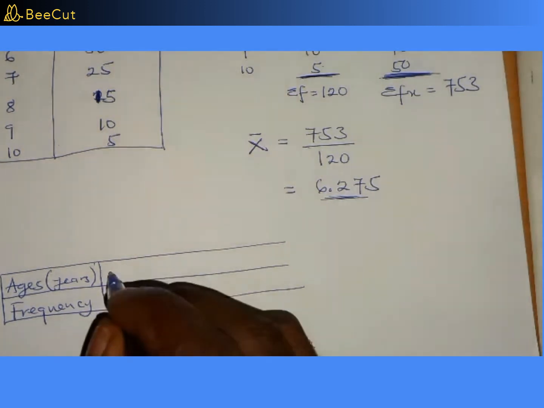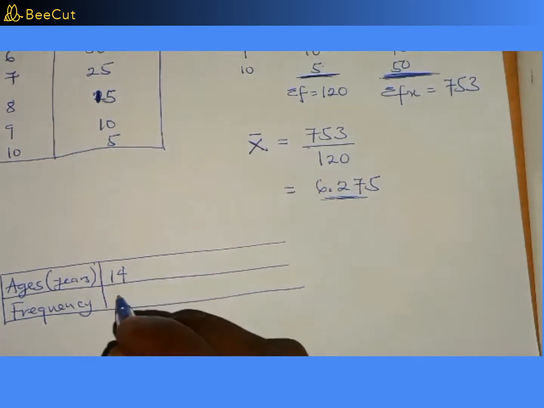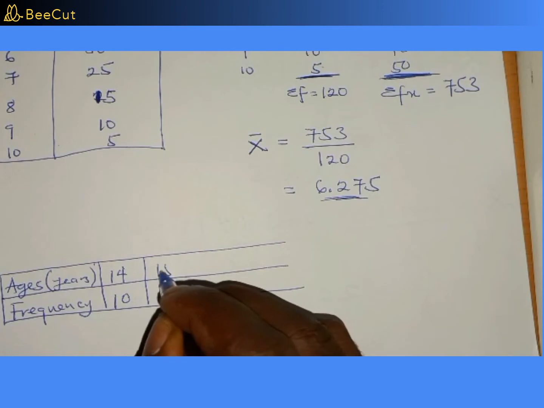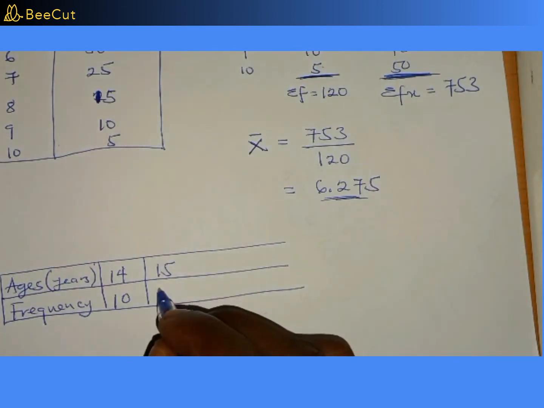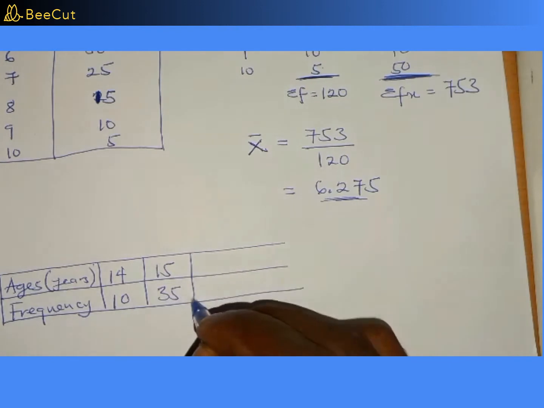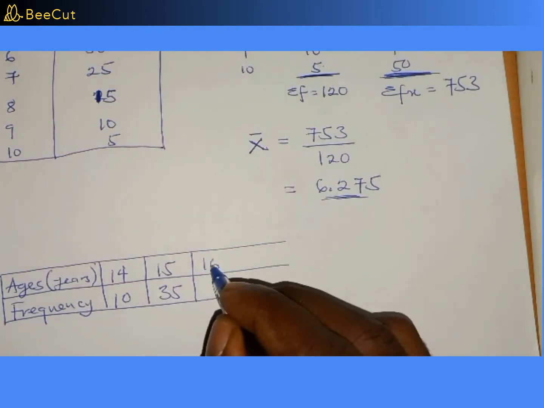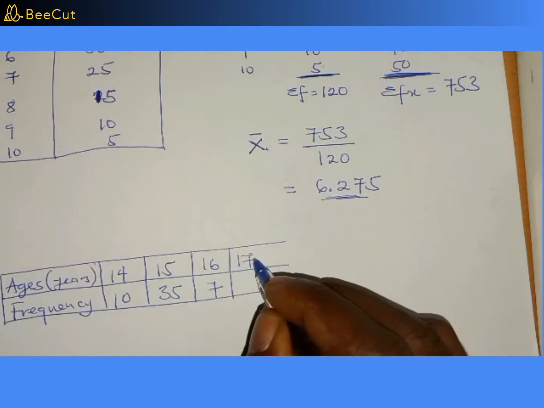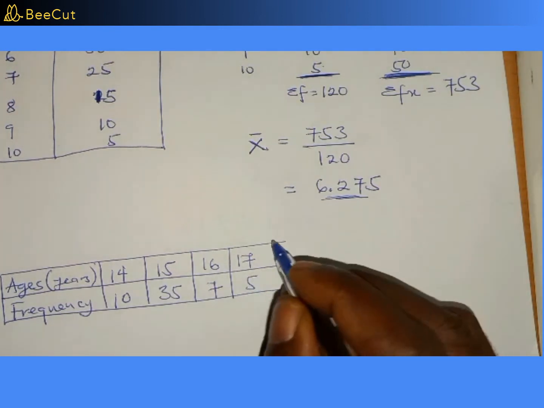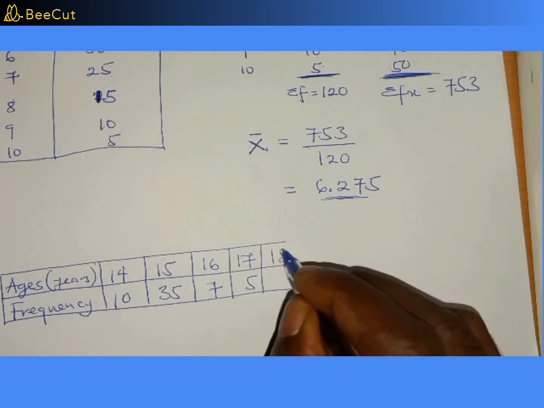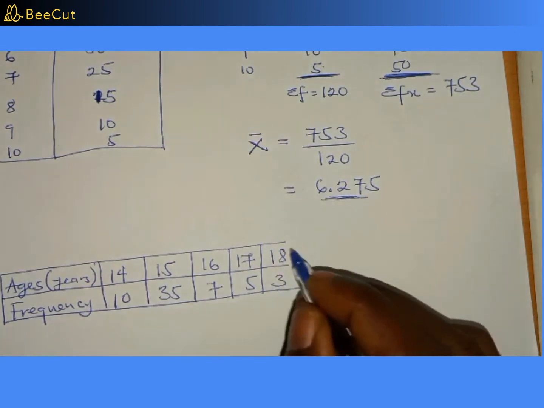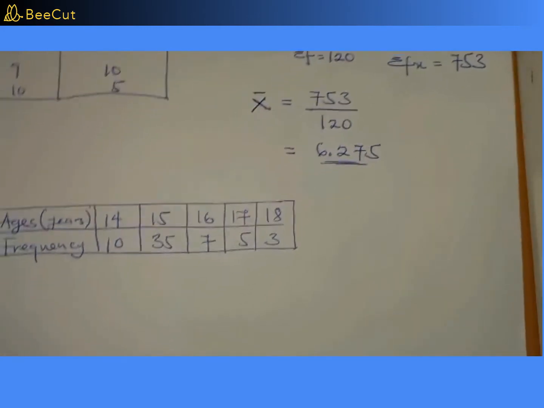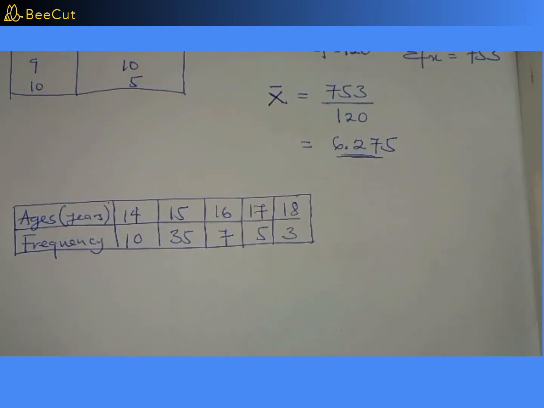So we have age 14, and there are 10 people who aged 14. We have 15, and then we have 35 people aged 15. We have 16, we have 7, we have 17, we have 5, we have 18, and we have 3. So we have another table, and we are to find the mean of this distribution.